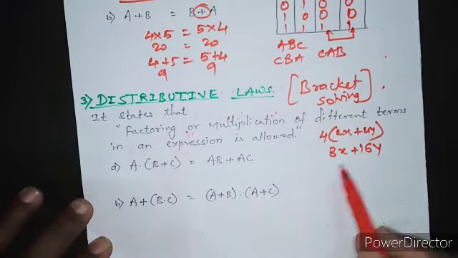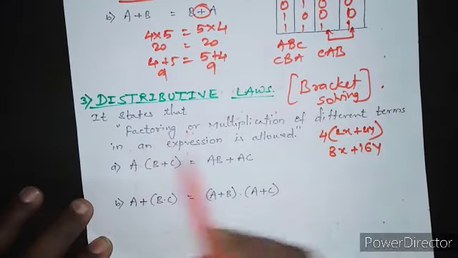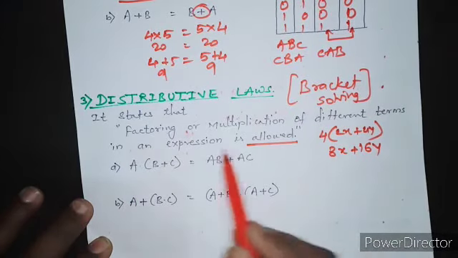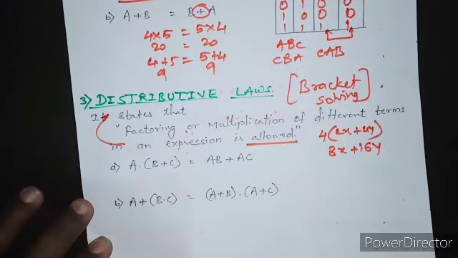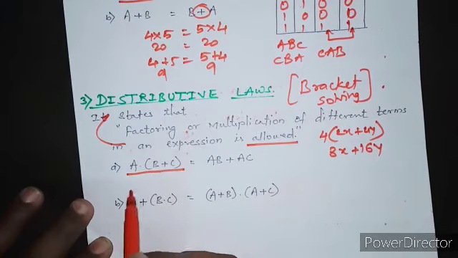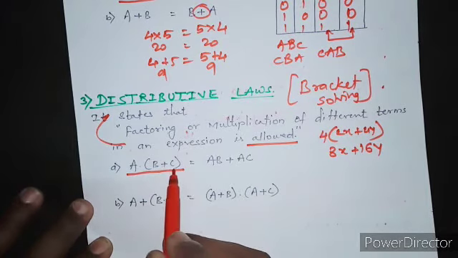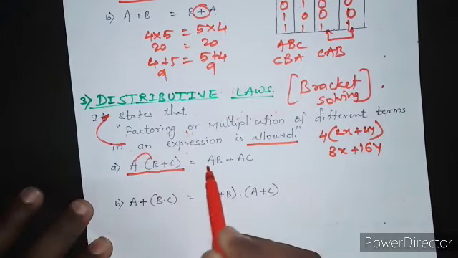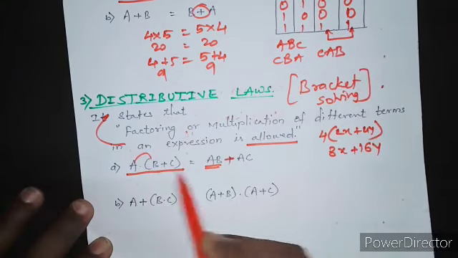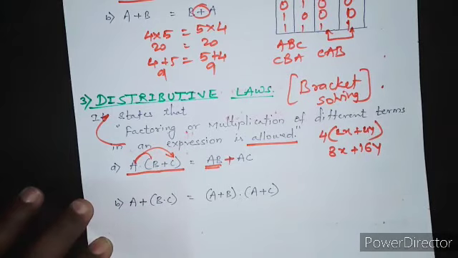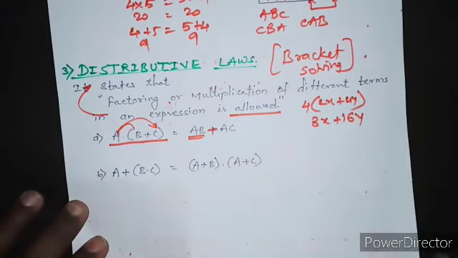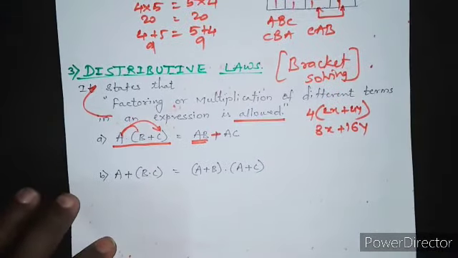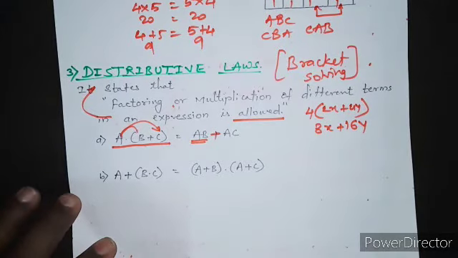Similarly, multiplication of different terms in an expression is allowed, which is what is stated by this distributive law. So if I have A dot (B plus C), it means AB plus AC. Again this can be proved with the help of a truth table, but since it is quite easy, I'll skip proving it using a truth table.